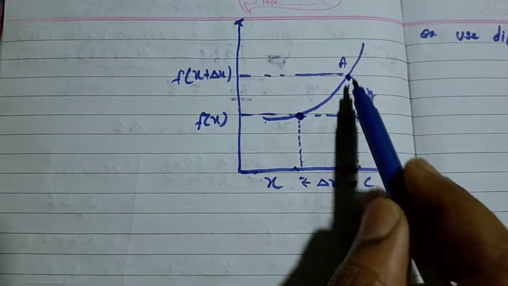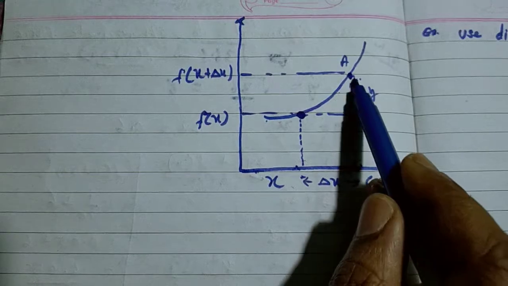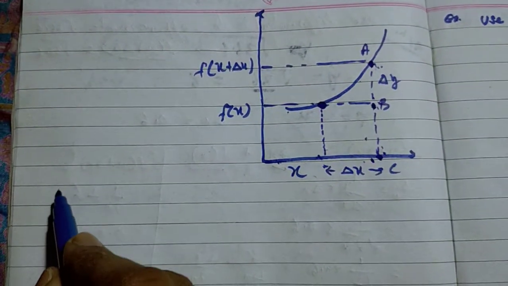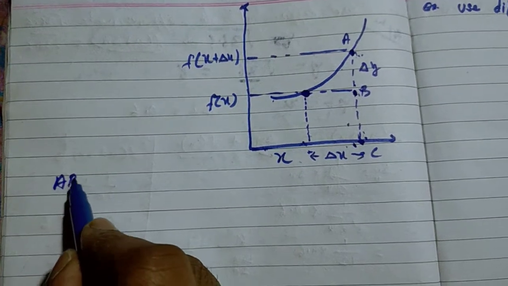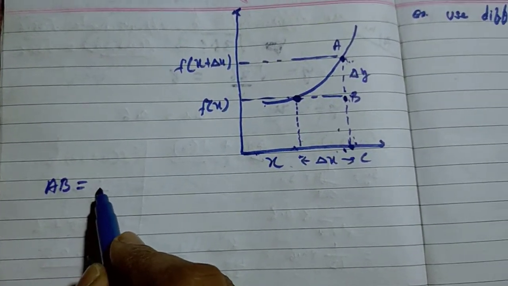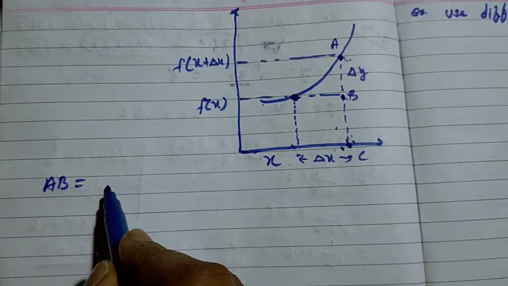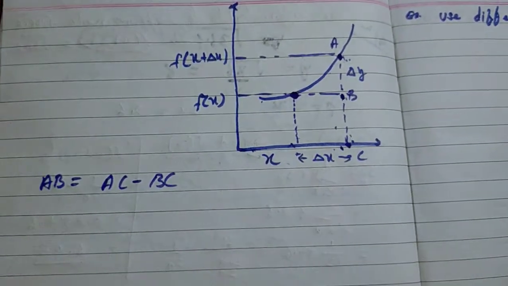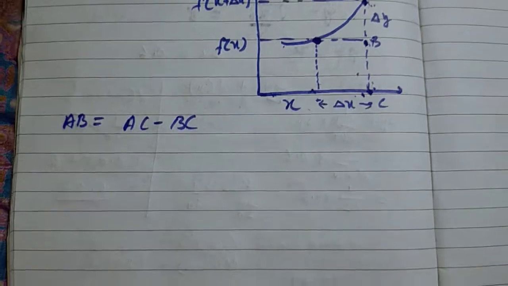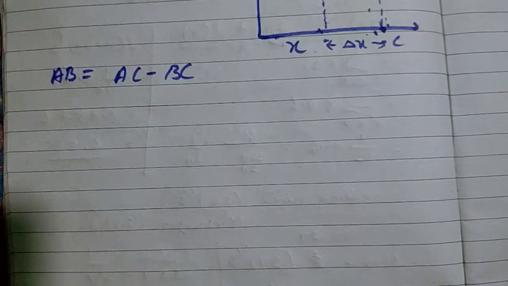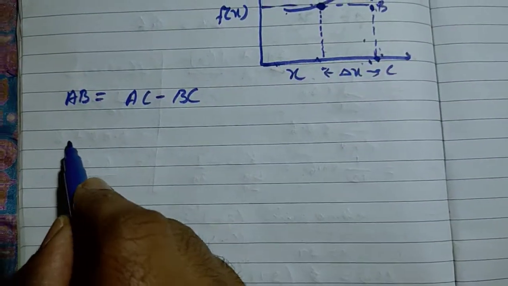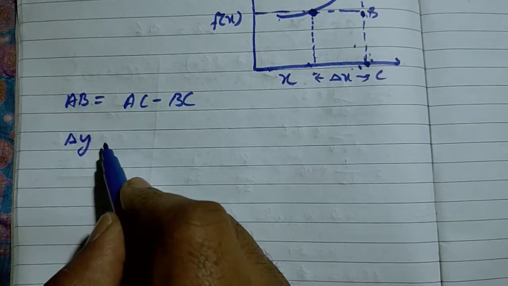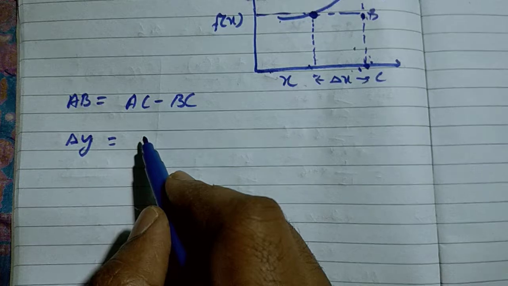AB. AB is the change. So we are going to find AB. Therefore, AB equal to what? AB equal to, we can write here, AC minus BC. AB equal to delta y equal to AC.